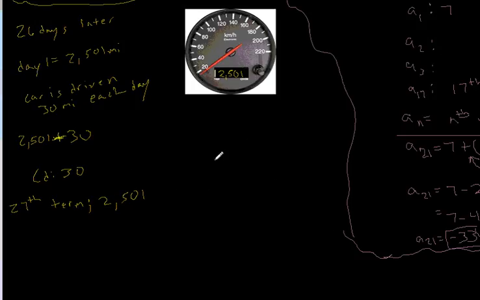I could keep finding this out, and that would take a while to calculate, or I could use this special formula that allows me to find the 27th term much faster, as long as I have an arithmetic sequence.